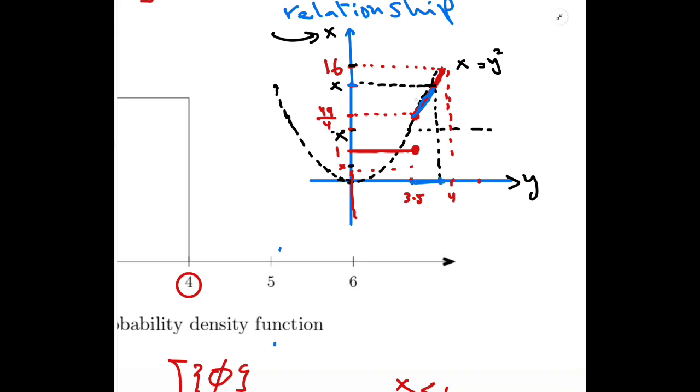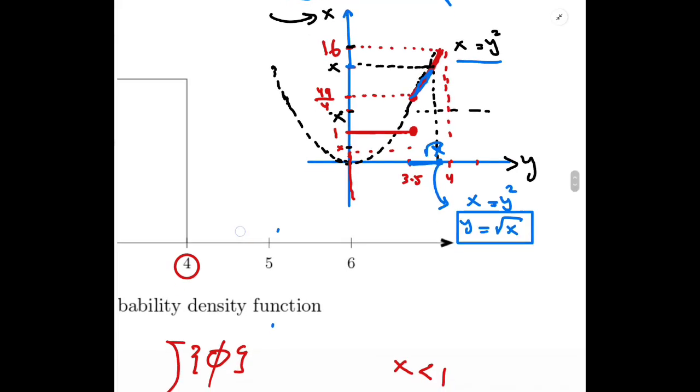And this point, if this is x, is y equal to root x. So if x equals y squared, then y equals root x, which is the positive root of x because it's on the positive side.